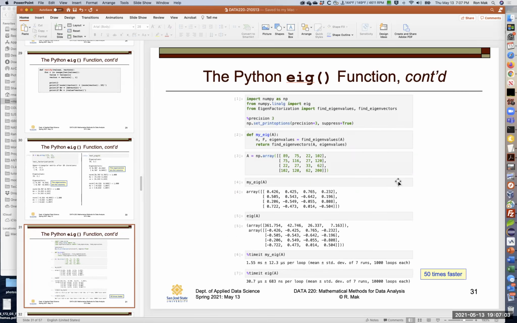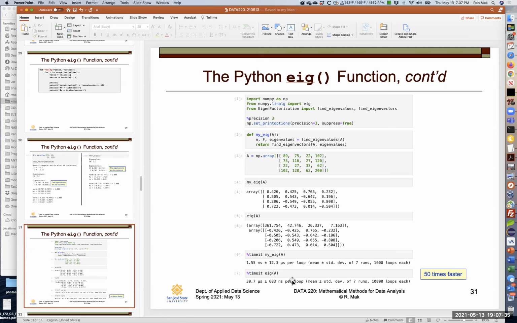And then I have a program here that tests this. So this is testing doing it the hard way. This is testing using just the EIG function, and you can see that calling EIG is, at least with this example, 50 times faster than doing it with all the Python matrix operations.